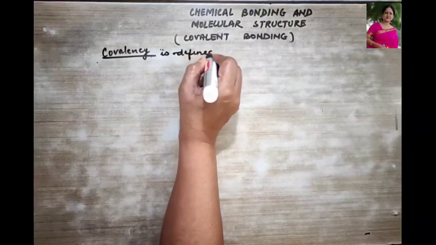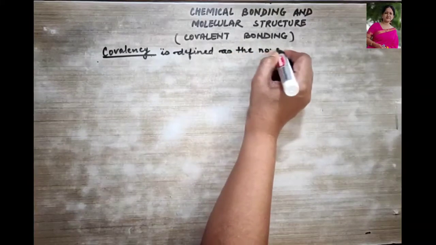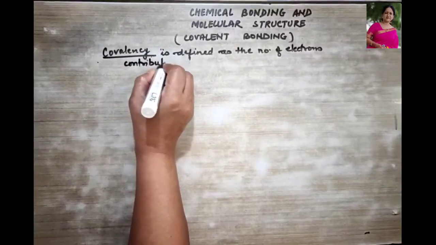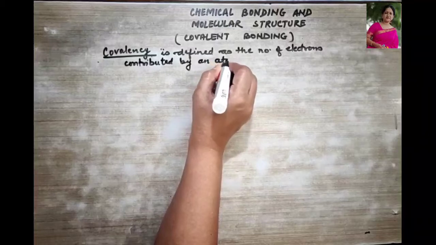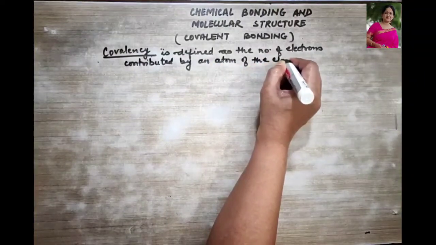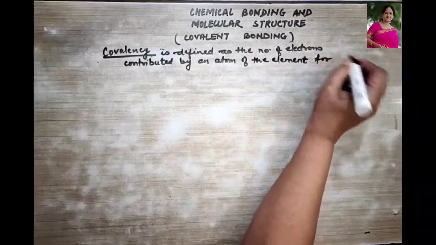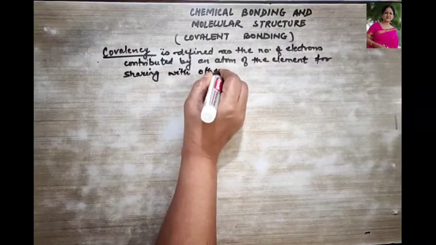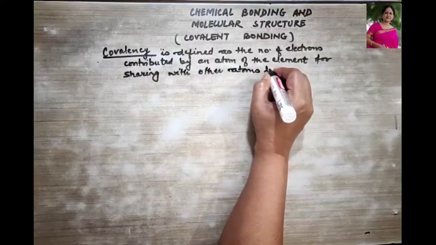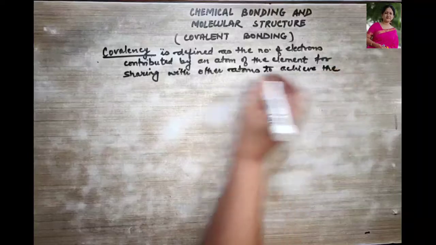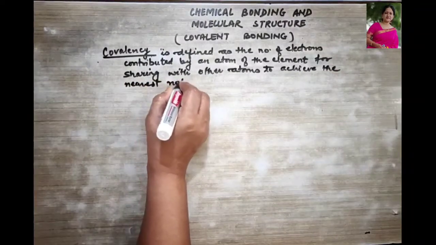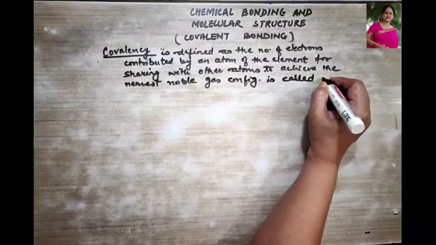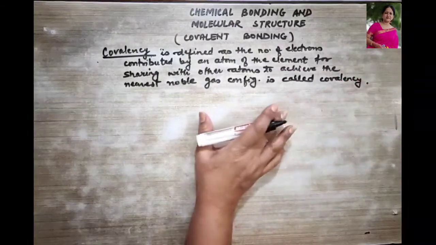It is defined as the number of electrons contributed by an atom of the element for sharing with other atoms to achieve the nearest noble gas configuration is called covalency. I hope this is very clear to you.